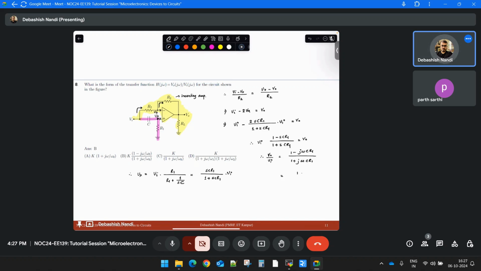That is (1 minus j omega by omega 0) divided by (1 plus j omega by omega naught), where omega naught is equal to 1 over CR1. So this is in the form of this. Is it understood? Yes, sir.